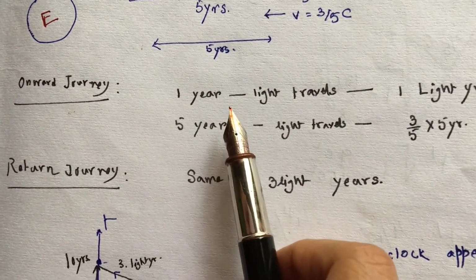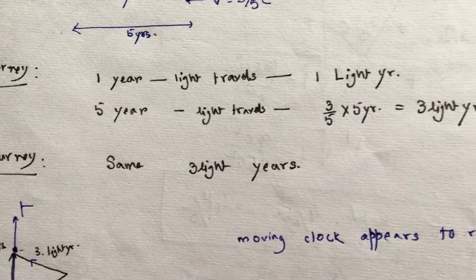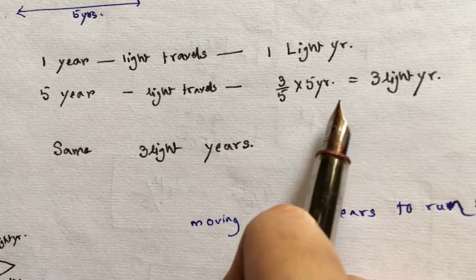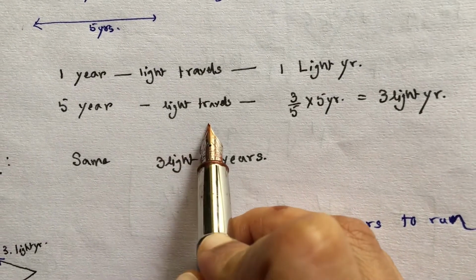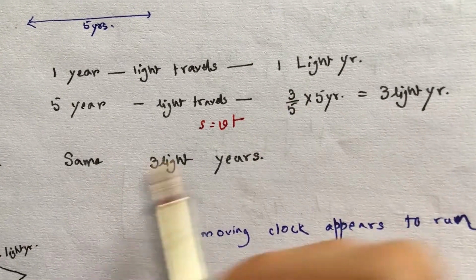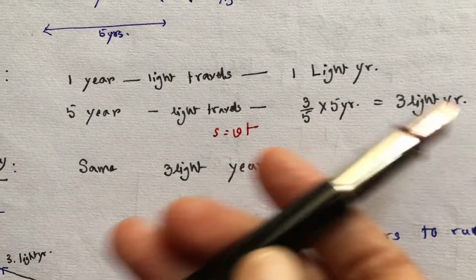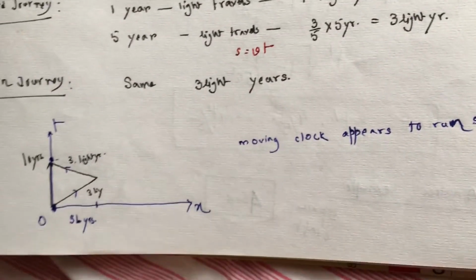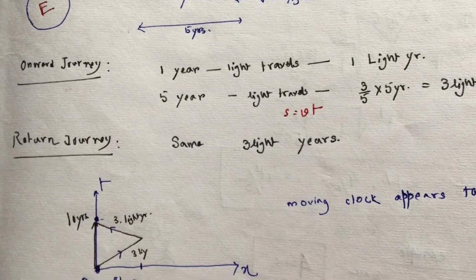We know in 1 year light travels a distance which is called 1 light year. So in 5 years light travels a distance which is, this is speed, this is time, we know s equal to vt, distance equal to speed into time. 3 by 5 c is the speed and this is the time, so it's 3 light years. Return journey is also of 3 light years of distance.